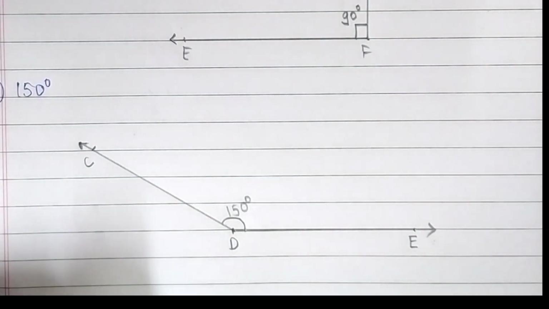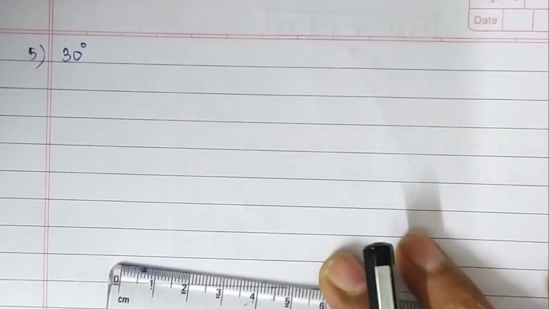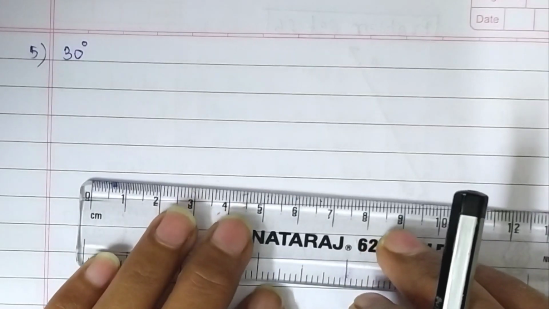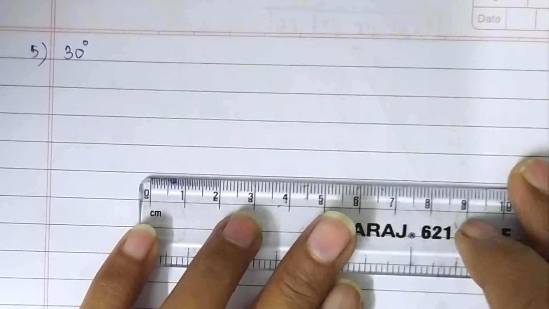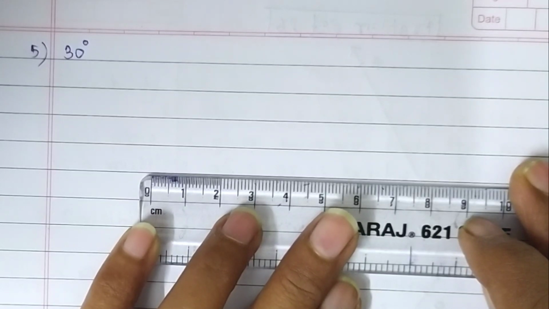Now fifth question. Our fifth question is 30 degree. We have to draw the angle of 30 degree. Let's leave 4 or 5 lines on the upper side and draw an arm here.